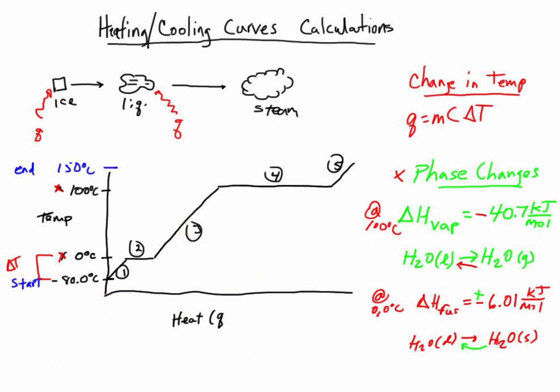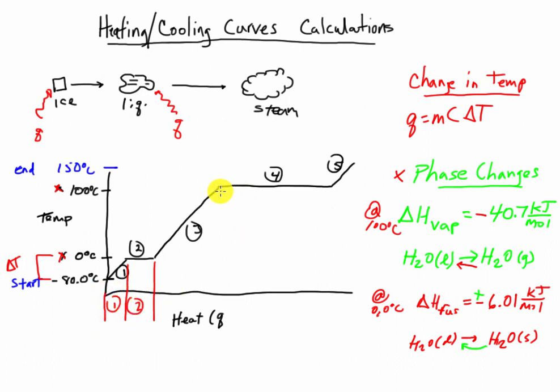Essentially, we're going to be looking at the value for Q from here to here. I'm going to calculate that; that's number 1. This will be number 2. And we're calculating how much heat is transferred from here to here.